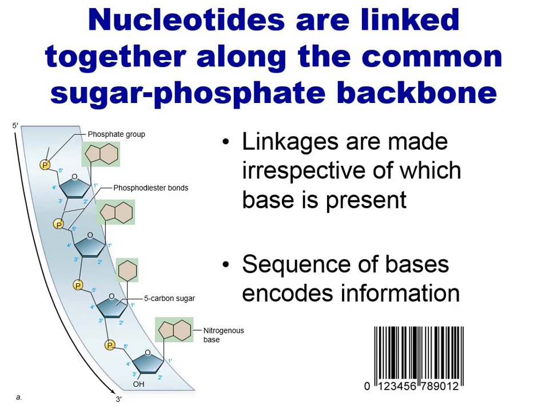The sequence in which these nitrogenous bases are found represents a form of information, just the same way that the sequence of letters on this slide represents information. If I was to scramble the letters in one of these sentences, it would lose all meaning. So you can think about letters in an alphabet or a digital code. For example, a barcode, probably a little more analogous to nucleic acids since there's only 4 different choices. Just as for a barcode you have actually only 2 choices, a white or a black stripe.